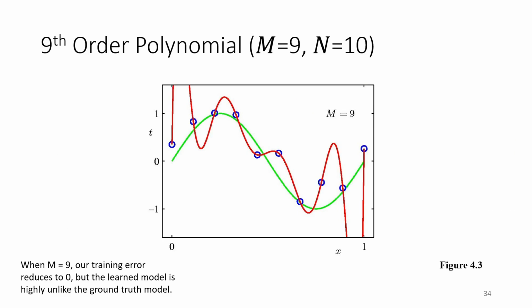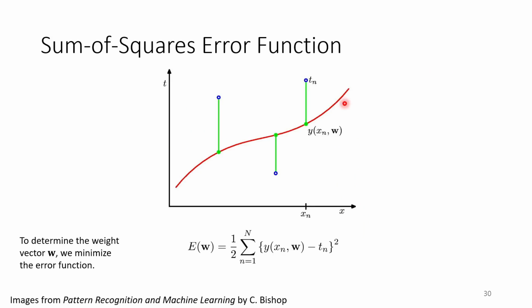The training error is 0. How do we define the error term? The error term is the sum of those green lines.